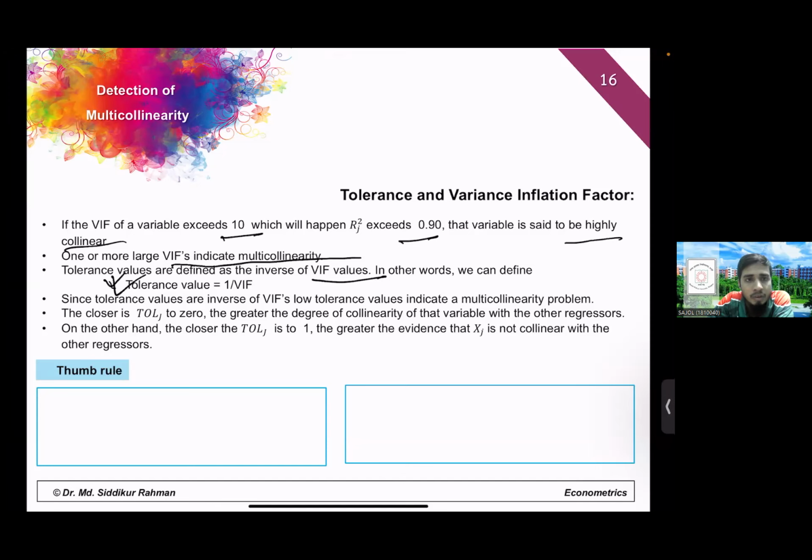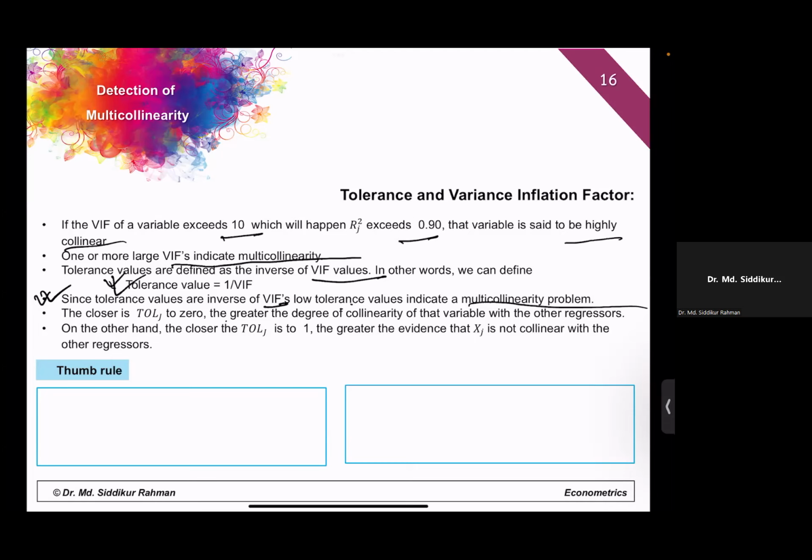So what is the interpretation of tolerance and variance inflation factor? Since tolerance values are the inverse of VIF, that means a low tolerance value indicates a multicollinearity problem. Clear? So we got two measurements here. For the variance inflation factor, if it exceeds 10, you can suspect multicollinearity problem.